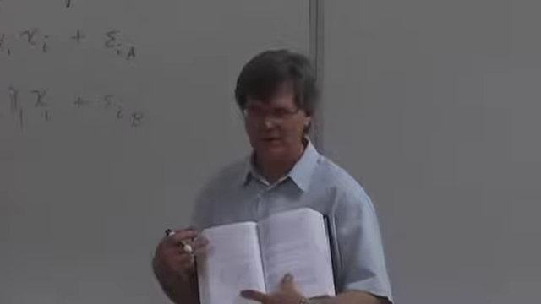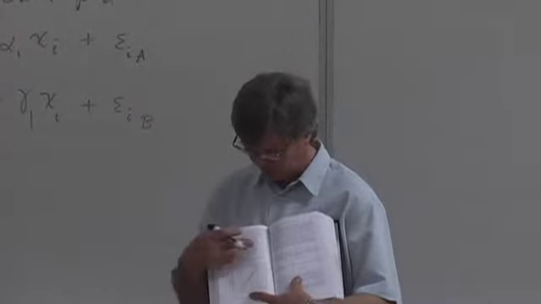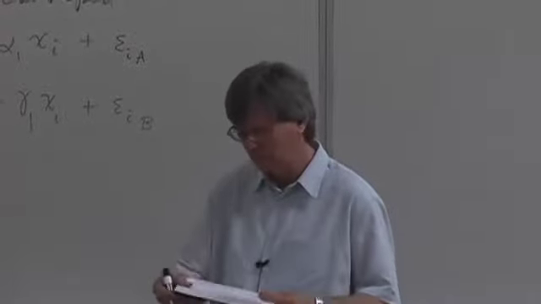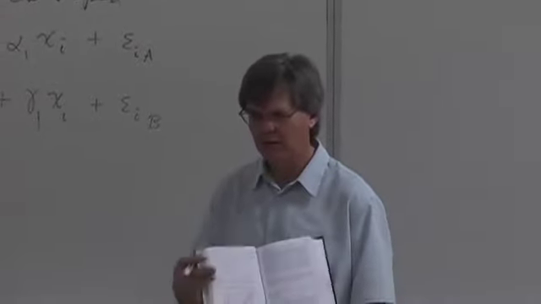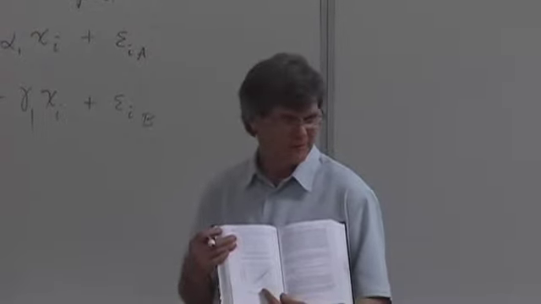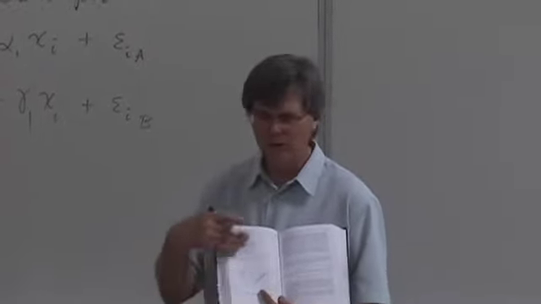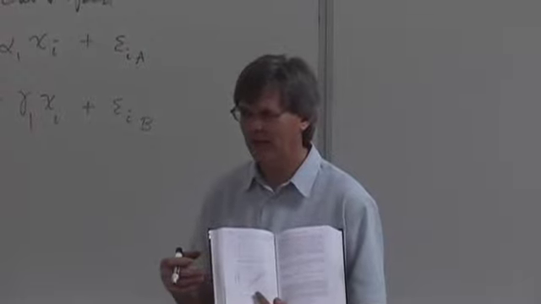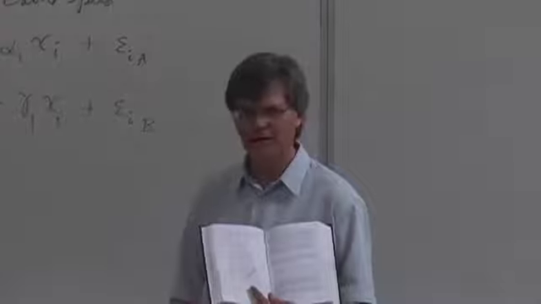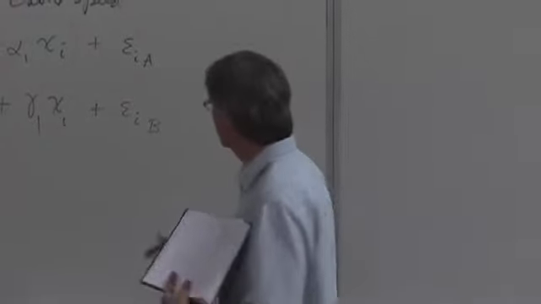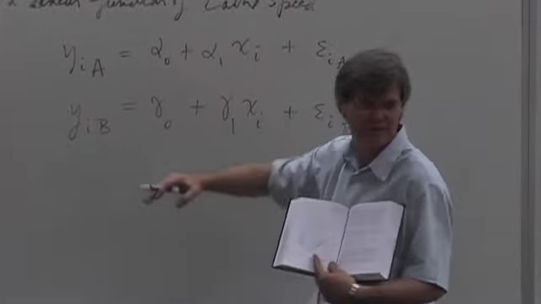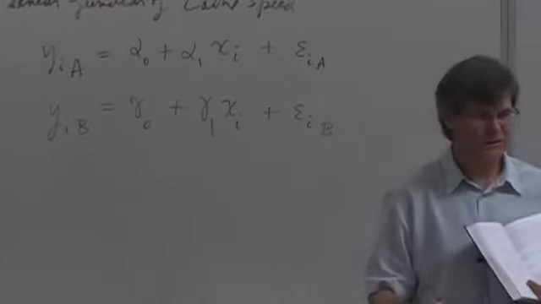Since the same x's are being involved, there is some overlap of the x's. So you want to use the whole data set combined to test whether alpha 1 is equal to gamma 1, because the x_i's are going to be the same here. So these are not just totally independent businesses, because the x_i's are in there.